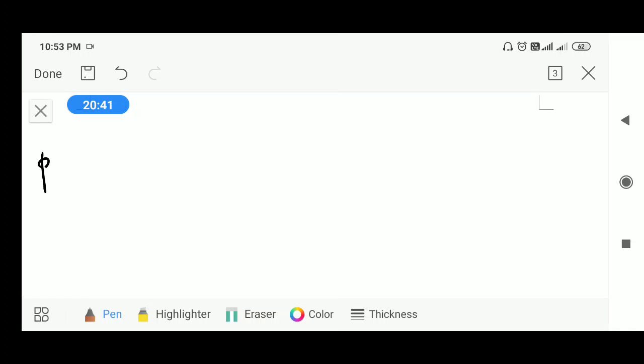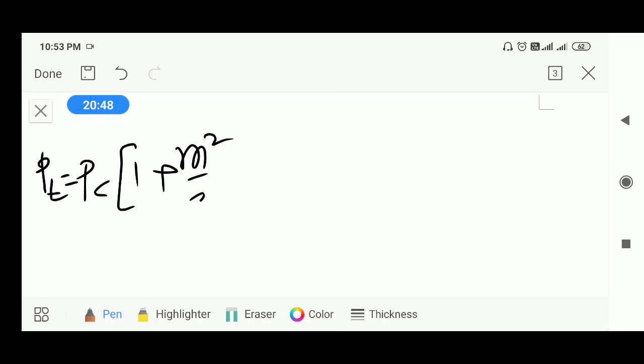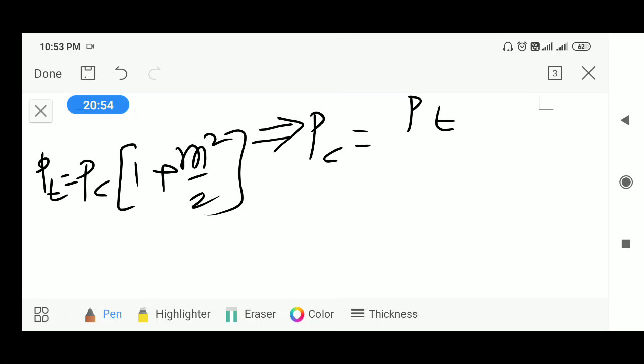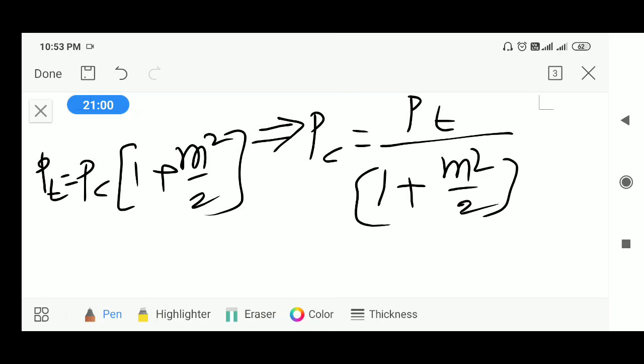PT is equal to, what is the formula? PT equals PC into 1 plus M square by 2. So from this, what is PC? PC is equal to PT divided by 1 plus M square by 2. Substitute the given data in this formula.